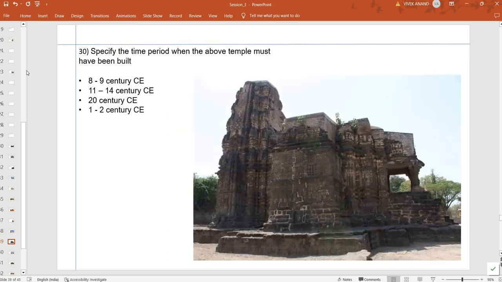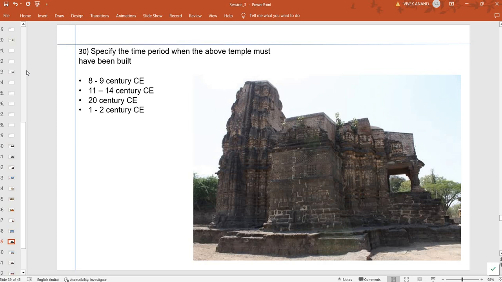Which building is this? The time period when the above temple must have been built. First, identify the elements which you can find. Then you will be able to tell.